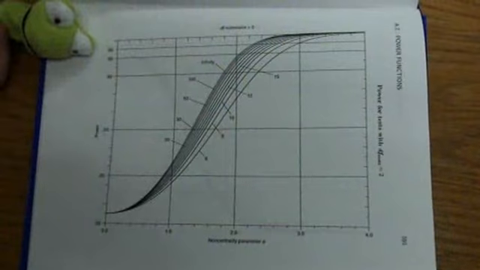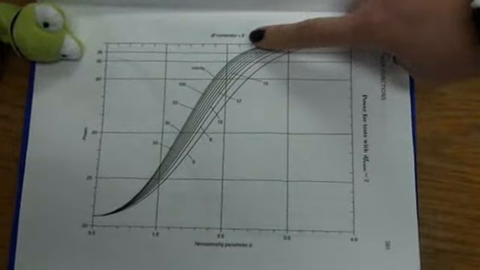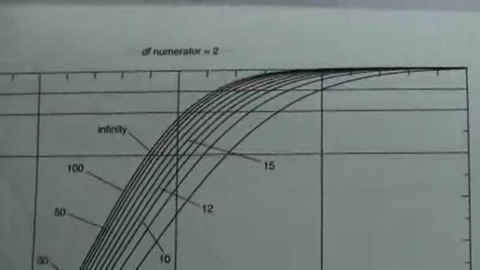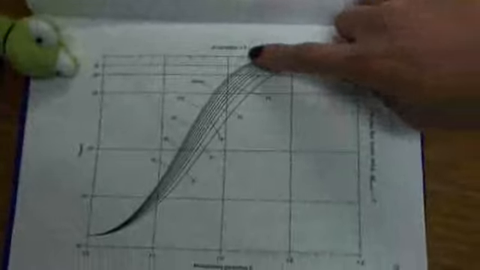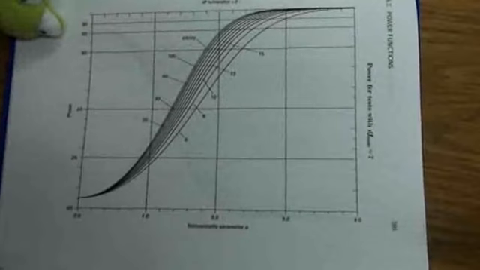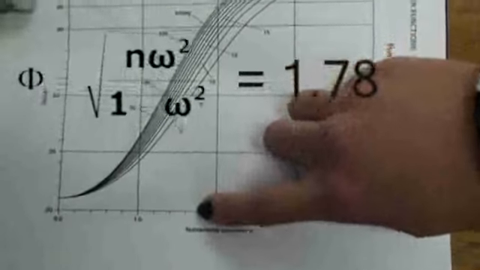So these tables are determined based off of your degrees of freedom numerator, which is the number of groups that you have minus 1. In this case, we have 3 groups minus 1, so we're using a degree of freedom numerator of 2. According to the non-centrality parameter, or phi, that we calculated to be 1.78, you're going to find that down here. It'll fall somewhere right there.